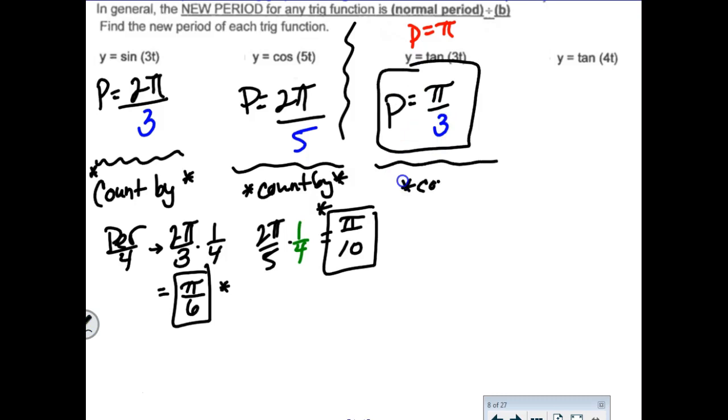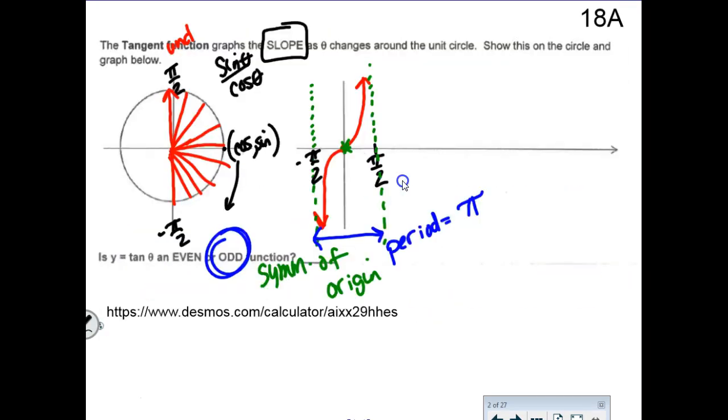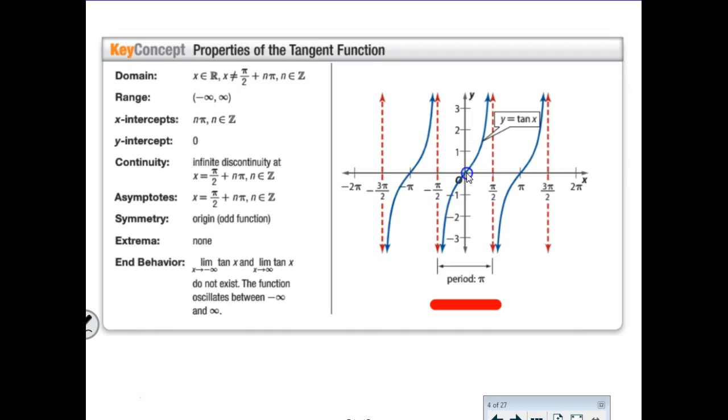Let's talk about what we would count by. If I go back and look at my really crappy graph, actually let's look at a better one. This one wiggle here, this is a single cycle of tangent. So when I'm looking at that and I'm looking for symmetry or any sort of repeating, I'm seeing it's broken into 2 parts. So instead of quarters, this time we're going to be halving it.